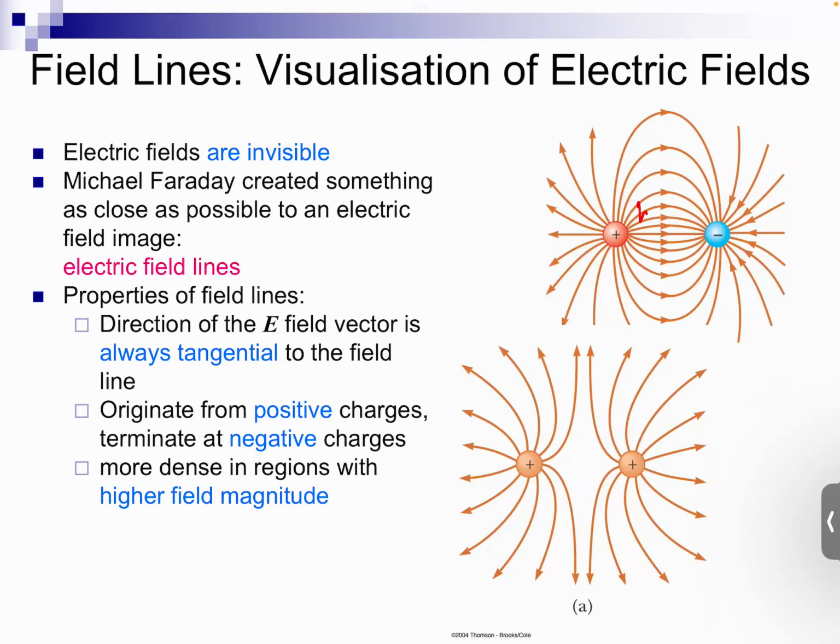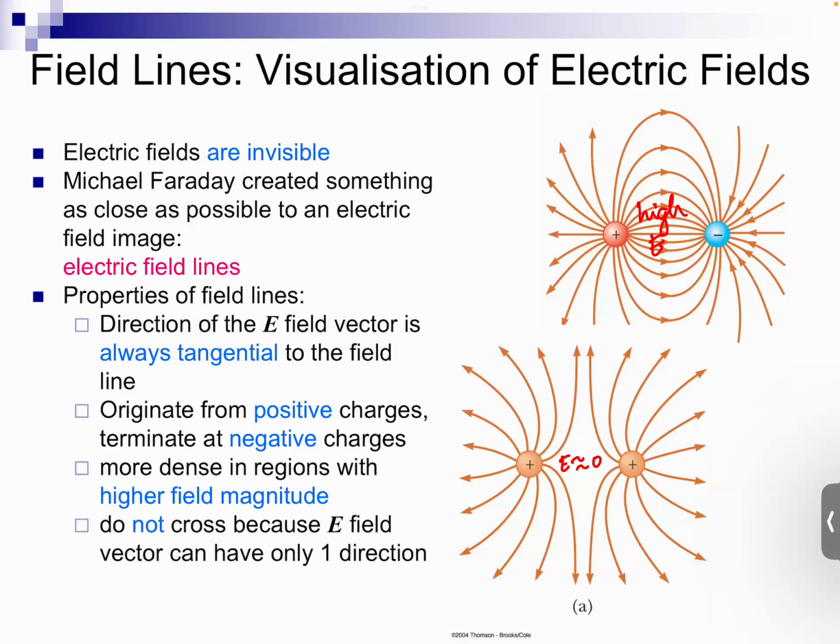So here you can say that there's a high magnitude of electric field, whereas here the electric field is quite negligible, because you almost don't have electric field lines at this point. So you can say the electric field is negligible, maybe almost zero. Whereas at this point where you have a lot of electric field lines, you can say that you have a high magnitude of electric field at that point.